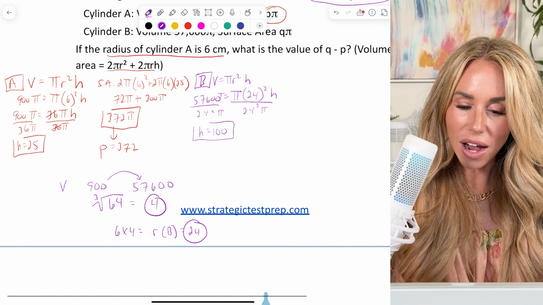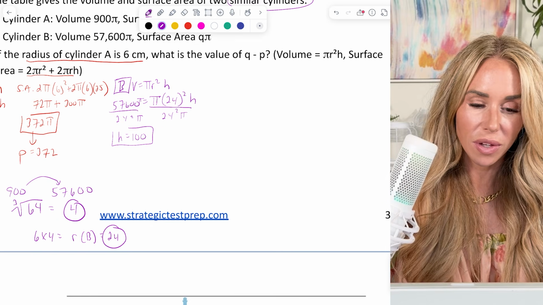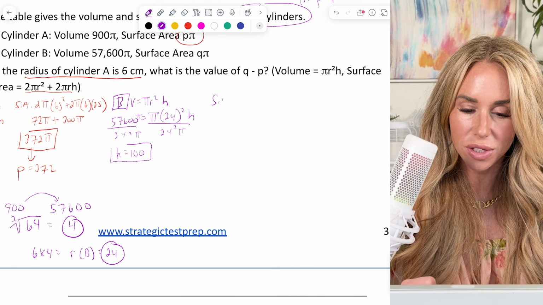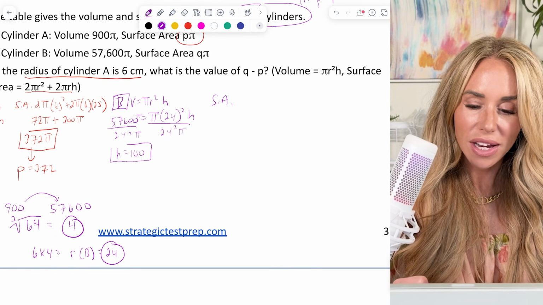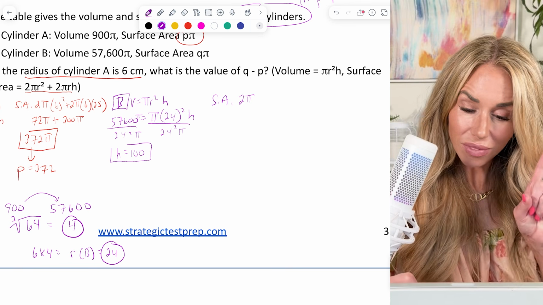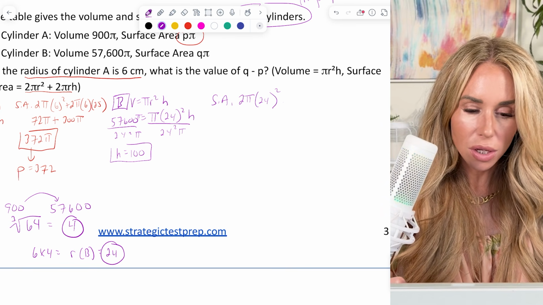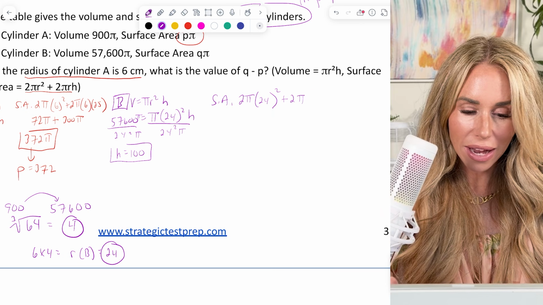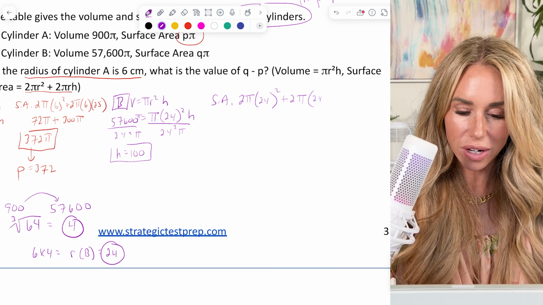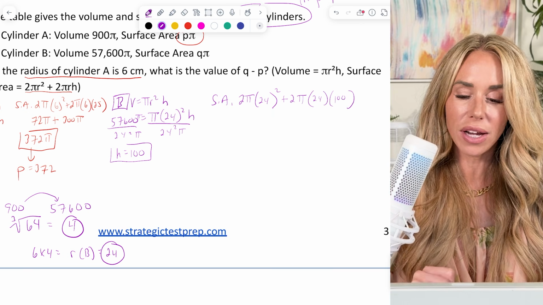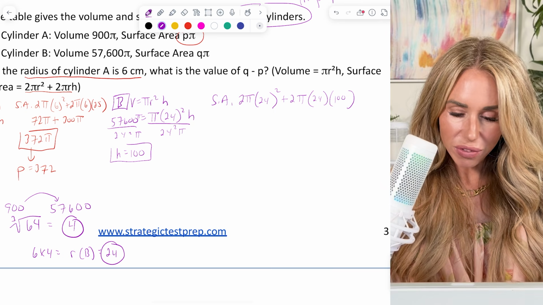Okay, now we can get the surface area of cylinder B. We have everything we need. So we've got surface area is 2 pi times 24 times 24 squared, plus 2 pi times 24 times 100. Okay, what's 24 squared?